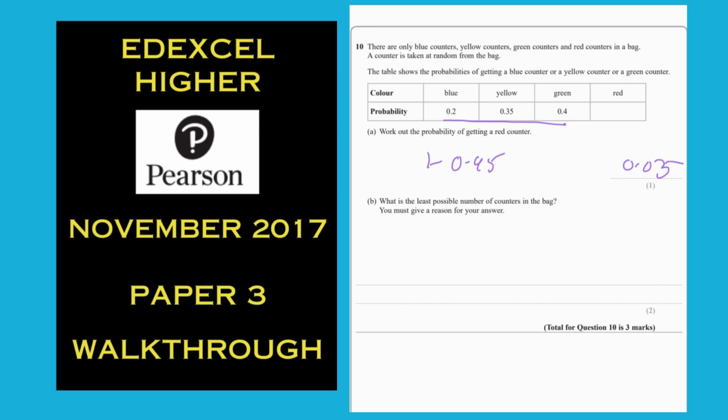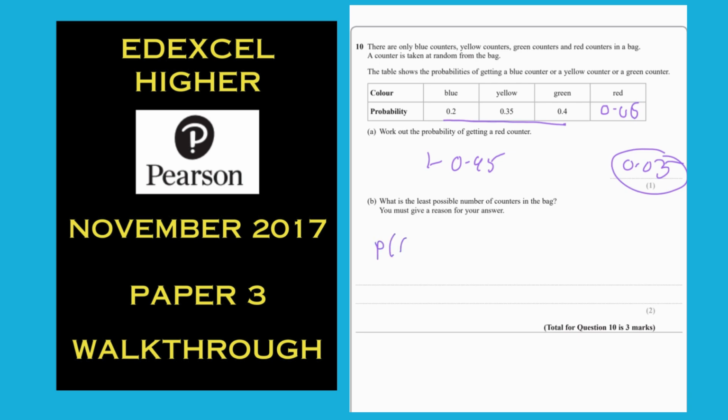What is the least possible number of counters in the bag? Well, it's all based on red. The fact is, it is possible to get a red, so there must be at least one red counter in the bag. So that's your starting point. The fewest red counters must be 1.